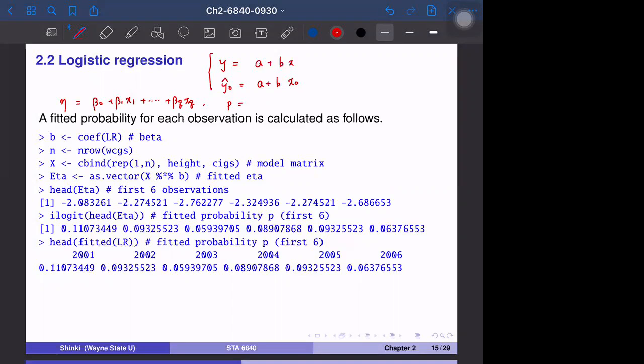So p should be e to the power eta over 1 plus e to the power eta. So we need some transformation.